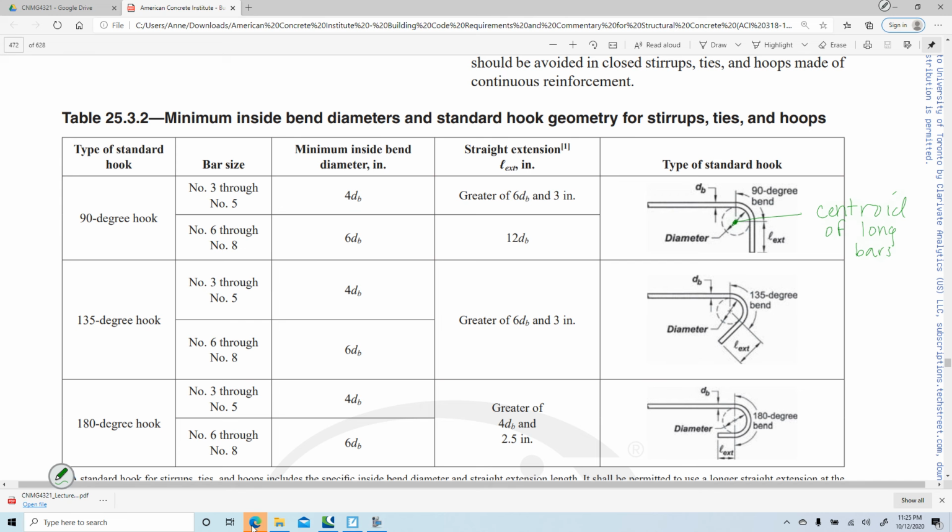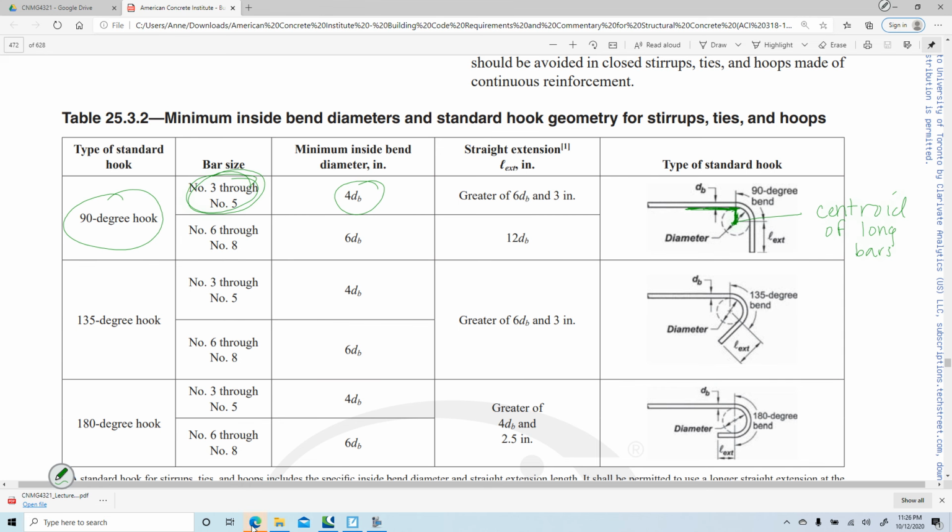So the distance from the inside of the hook of the stirrup to the centroid is the minimum inside bend diameter, 4 dB, so 2 dB. Because we're at a number 4, a 90-degree hook, number 4, we're going from here, the inside of the stirrup, to the center of that bend.